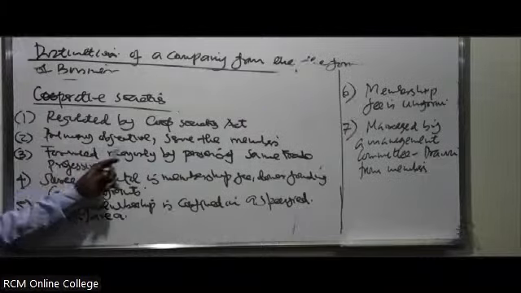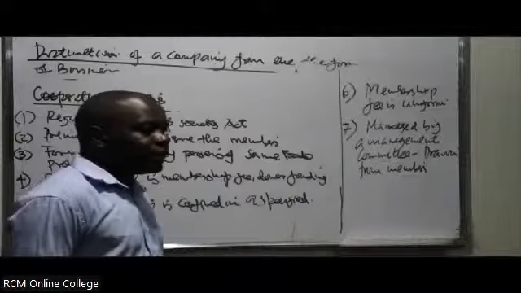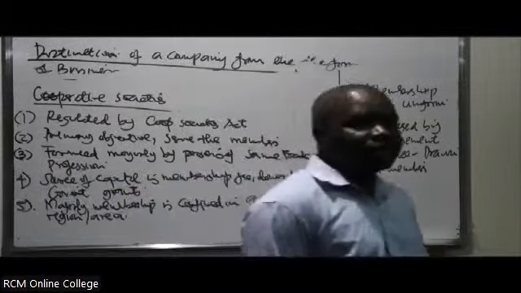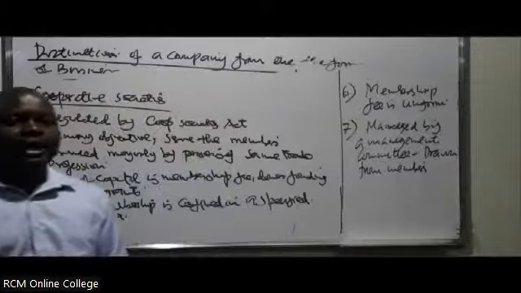Their primary objective is to serve or support the members, in terms of loaning and the kind of activity they are involved in. If they are farmers, they can get farm inputs at a very subsidized price.